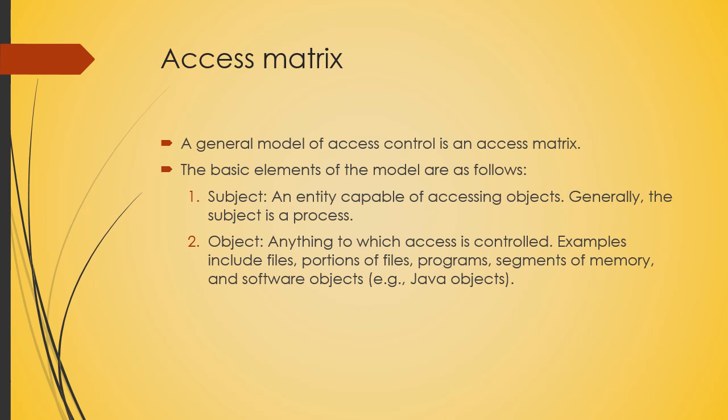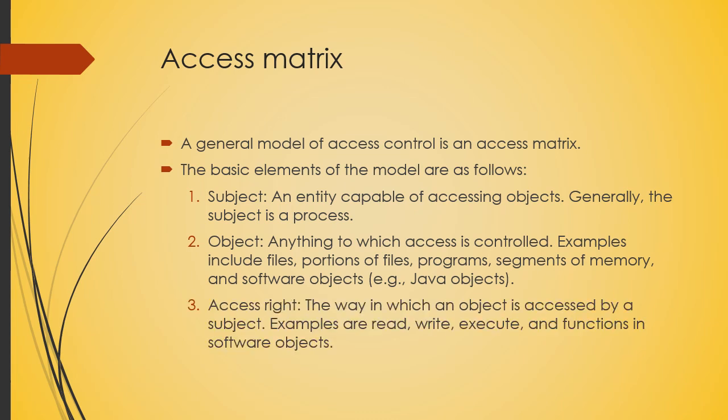Examples include files, portions of files, programs, segments of memory, and software objects like Java objects. Access right: the way in which an object is accessed by a subject. Examples are read, write, execute, and functions in software objects.